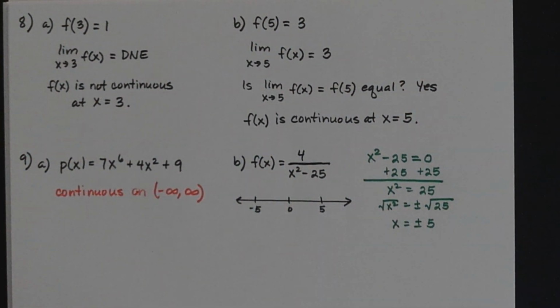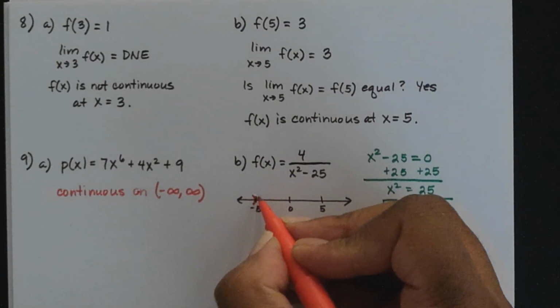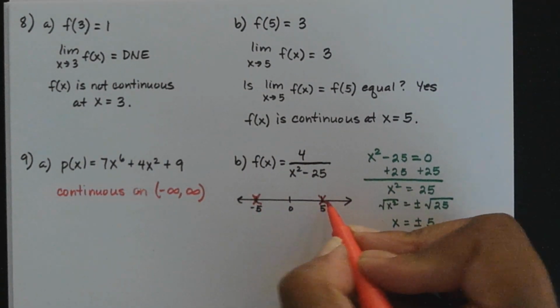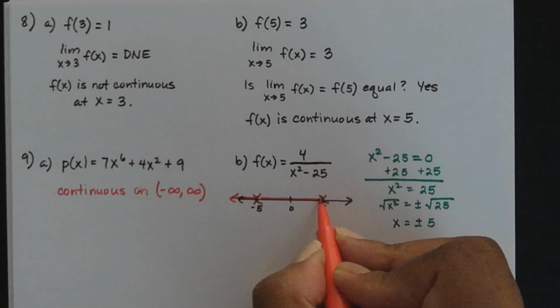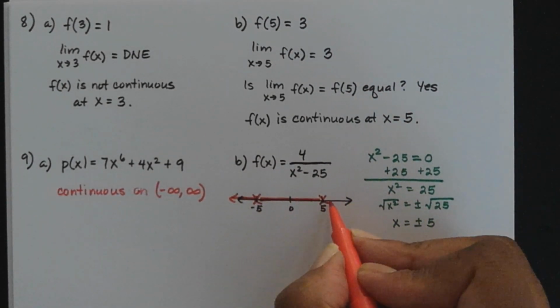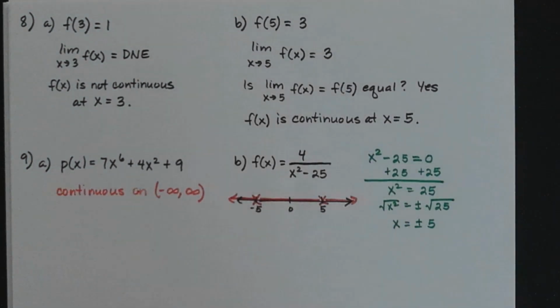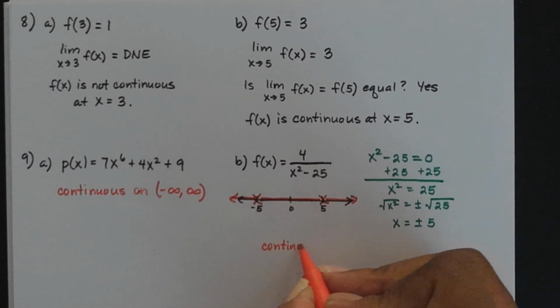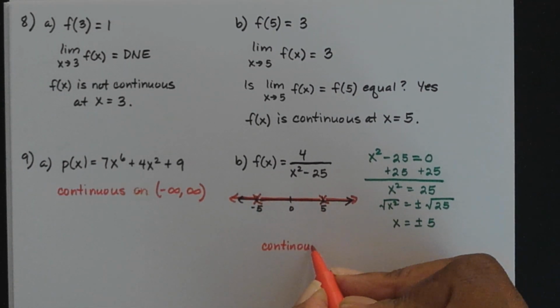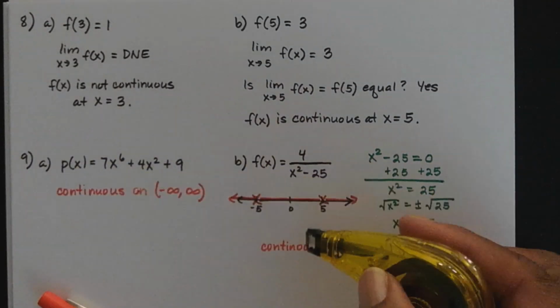At those two x values, we know we're going to get a 0 in the denominator. Anything less than negative 5 would work. Any x value in between negative 5 and 5 would work, and any x value greater than 5 would work. So this function is continuous if you are to use interval notation.